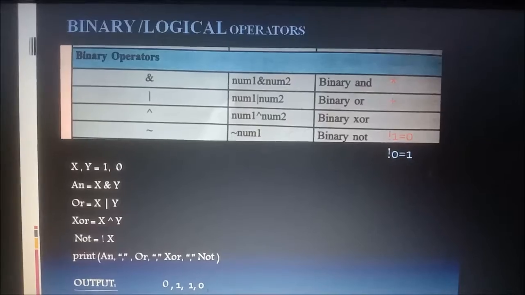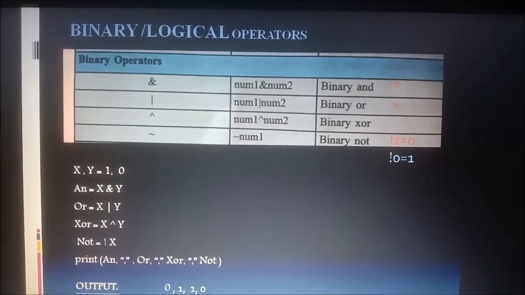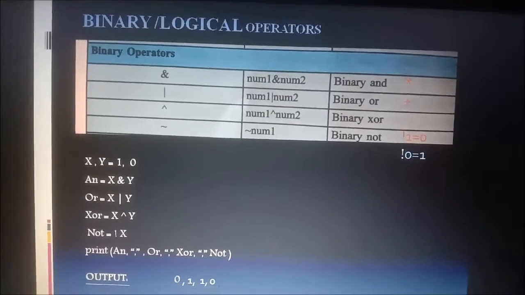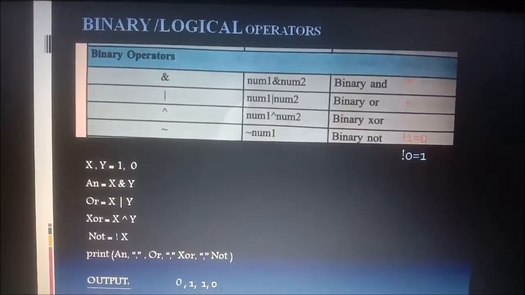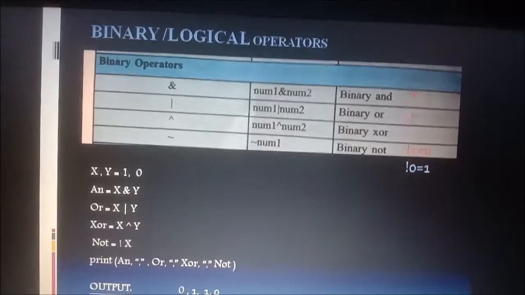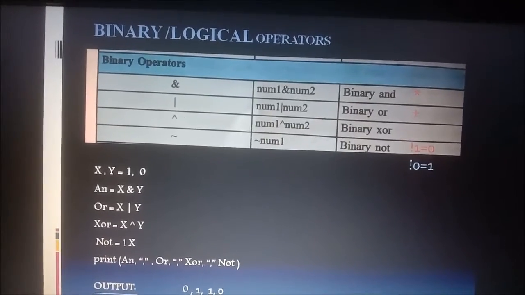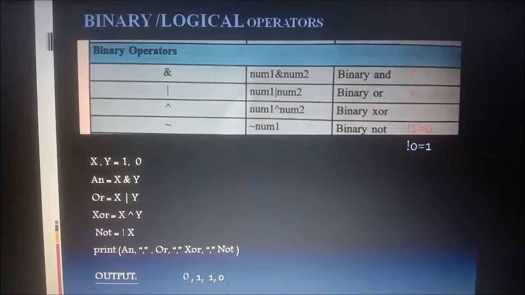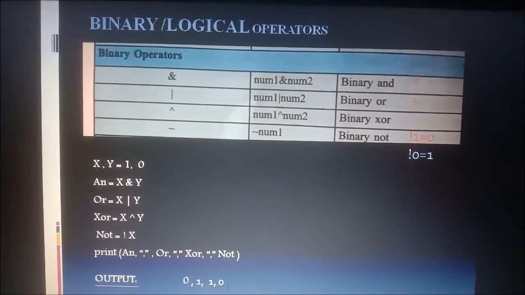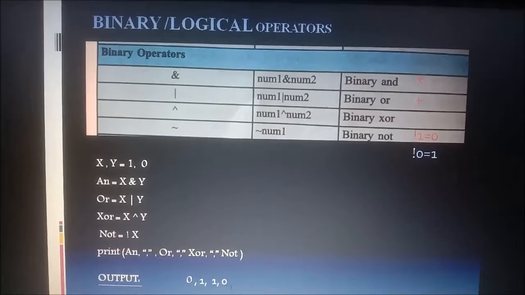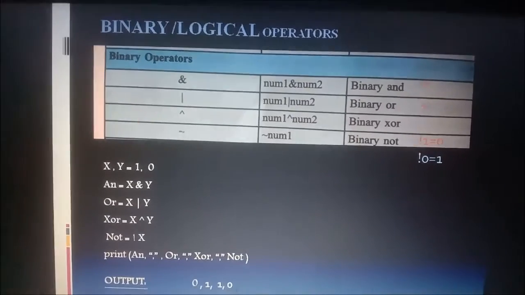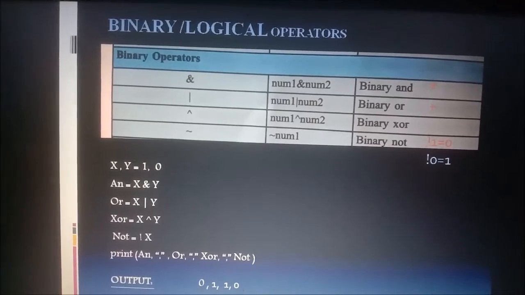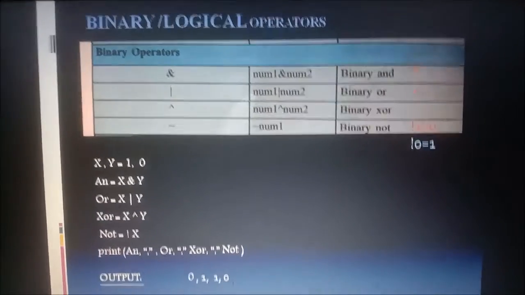But the difference about the XOR gate is that it evaluates to true only if the number of true inputs to the gate or to the circuit is odd, not even.